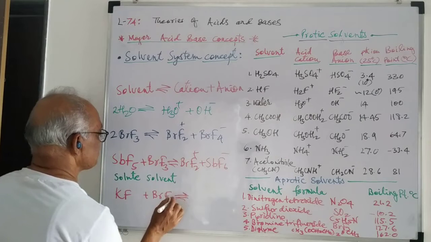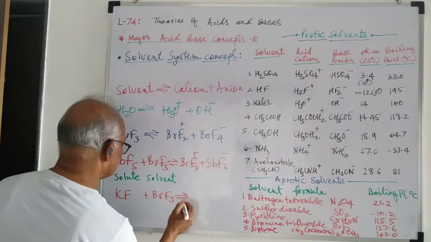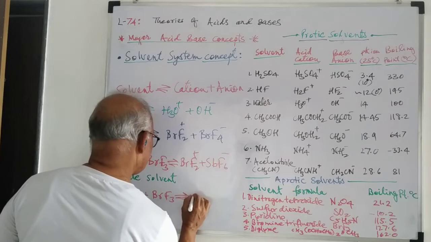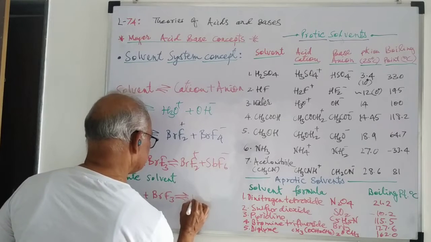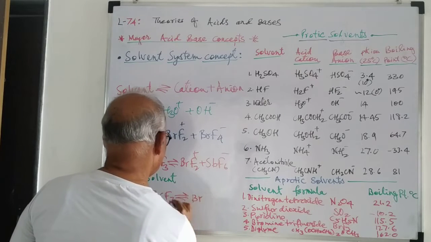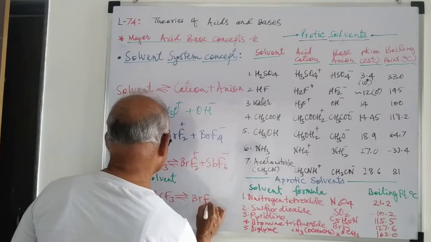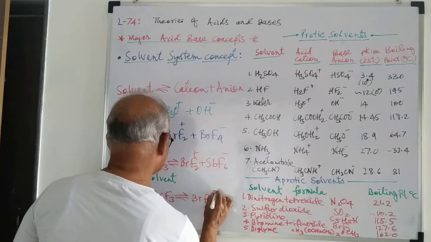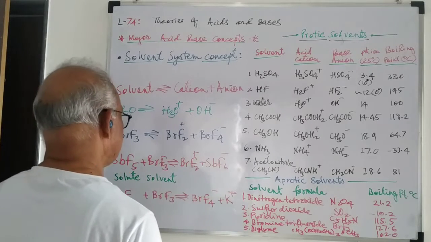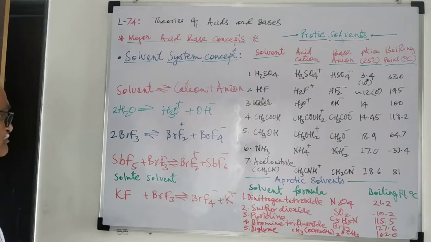After the reaction it produces BrF4 minus plus K plus.